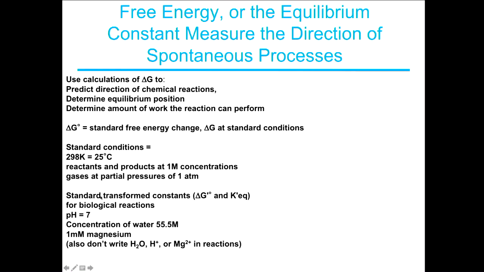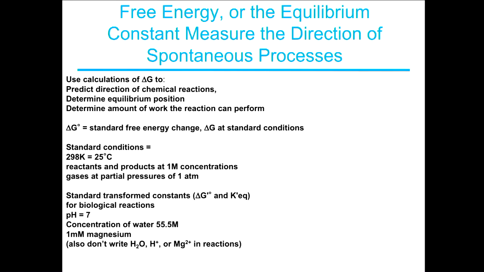Now, in biology, a lot of things going on in cells and organisms, we're not necessarily going to have everything at 1 molar concentration, right? That doesn't really make sense in biology. So we have what's called standard transformed constants, so delta G prime 0, and something called K prime equilibrium for biological reactions. So here we're going to add in this part of the definition, pH 7.